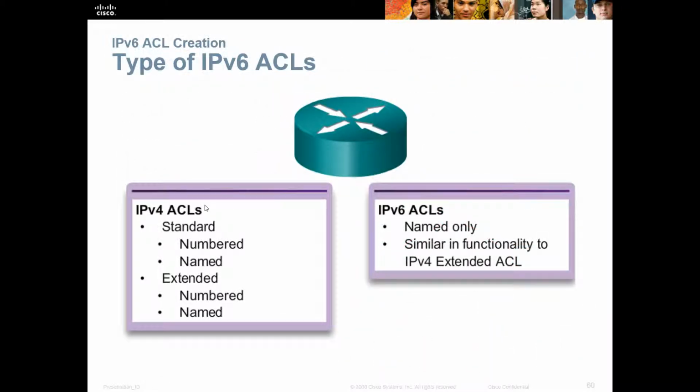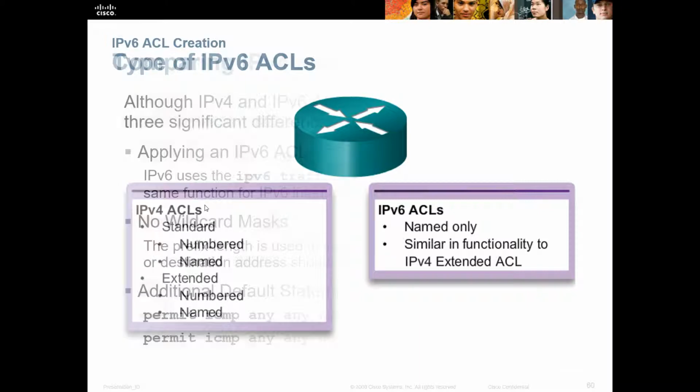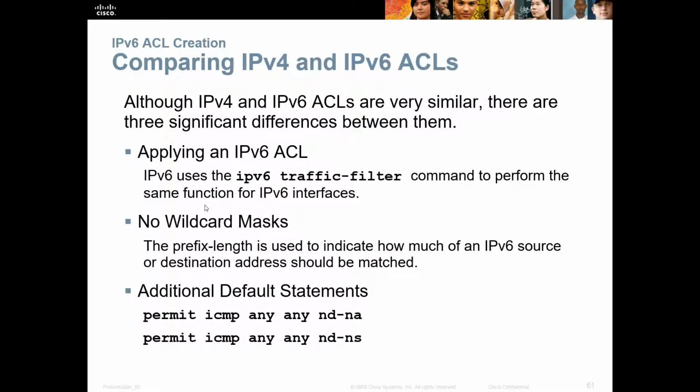Alright, moving on to types of IPv6 ACLs. IPv6 ACLs are named only and are similar in functionality to extended ACLs for IPv4. So let's compare IPv4 and IPv6 first. They're very similar. There are 3 significant differences between them though.